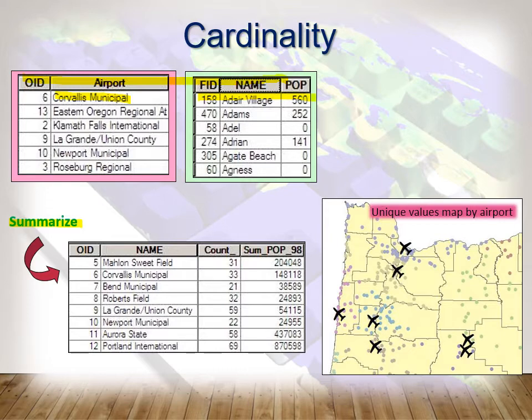So for example, instead of listing all the cities that this first airport that I highlighted serves, you are actually summarizing the number of people, perhaps, like population. So this is a one-to-many cardinality, and that means, again, going back to the attribute table, you would have to use a relate, but using spatial joins, you have to use a summarize instead of a simple join.